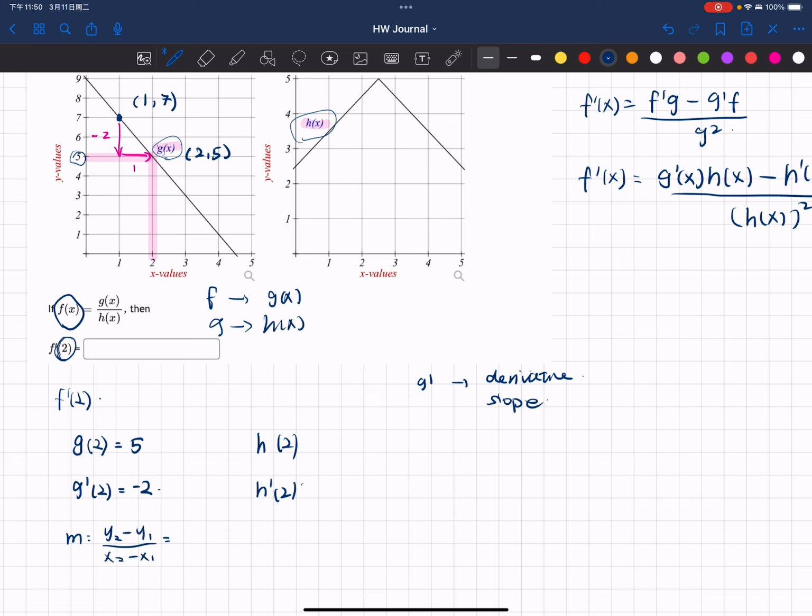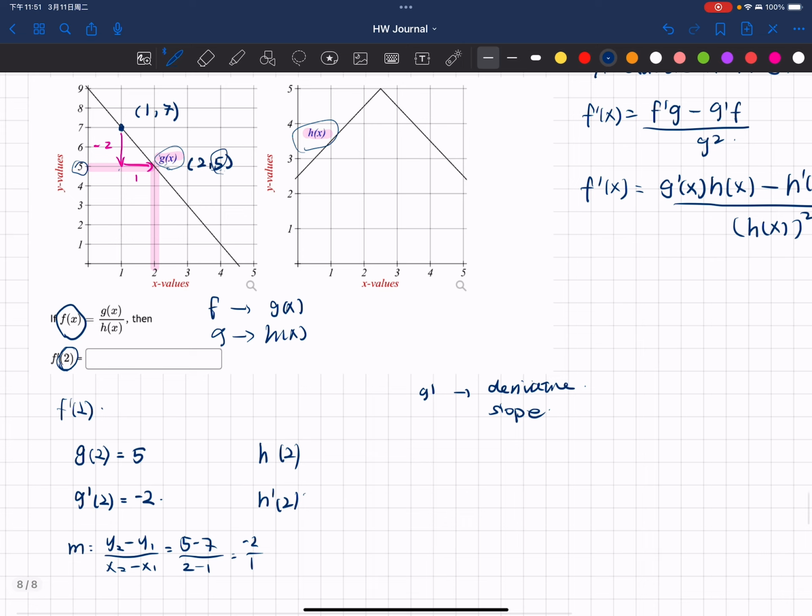This is a little bit more accurate way if you want to double check your answer. Because we want to be consistent, it's 5 minus 7 over 2 minus 1, which is negative 2 over 1. It's the same thing that we got from the graph, negative 2.